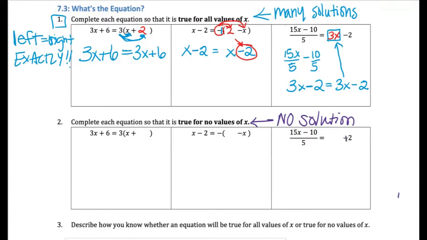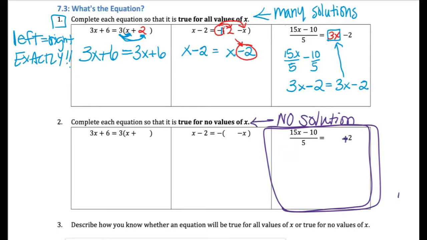I need you to, in this third section here, make that plus 2. Let me make that clear. Plus 2. That's a typo. I don't know how that happened, but it's okay.